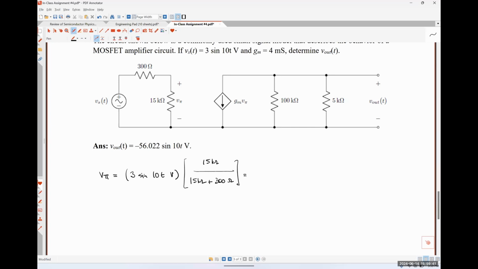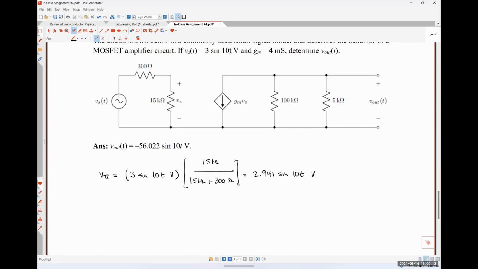So 3 times 15 over 15.3 looks like 2.941 and some change sine 10t volts. Because we're dealing only with resistors, the sine 10t bit is just going to get carried through the entire way. Okay.